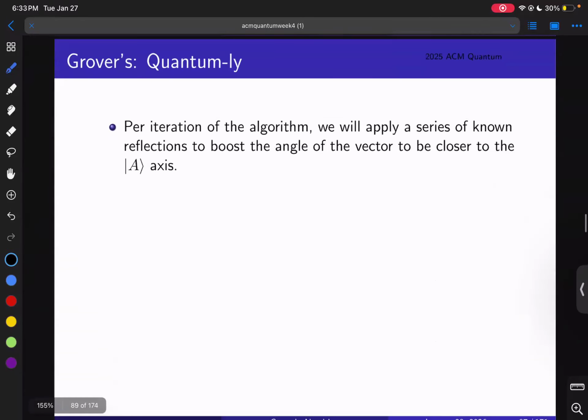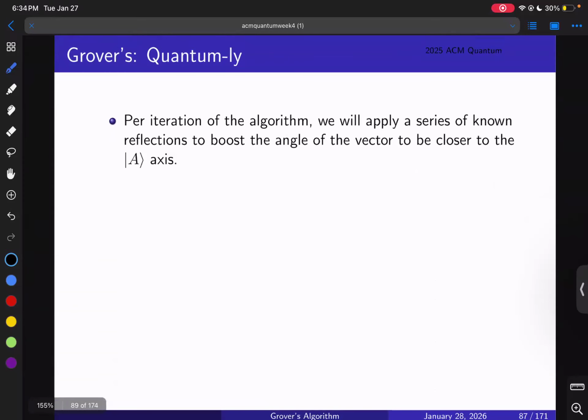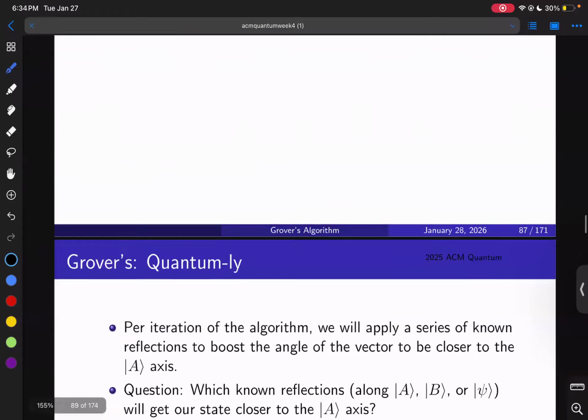So our algorithm will be iterative, and per iteration, we're going to apply some reflections on that A and B space, and that'll boost the amplitude of the A state and make the vector closer to that A axis, which means we can make a more reliable measurement.